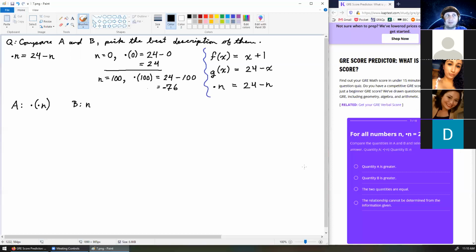So now they've thrown another wrench at us, right? They're not just saying dot n. They're saying n and dot n. What is dot n? Now the dot has a value.